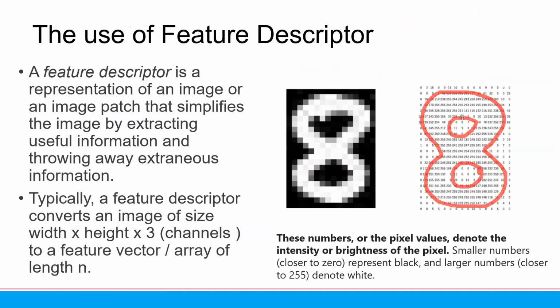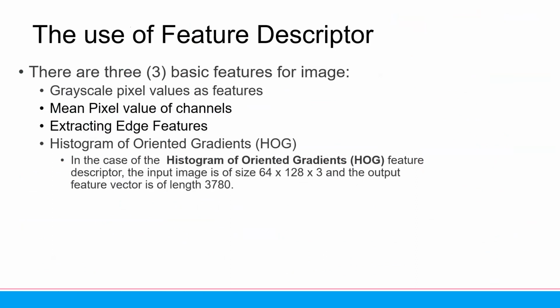So this area shows the color is more to white, and the other area is more to black. So how can we create this one? Basically, in the image, there are some feature descriptors. The one that we just saw before is the grayscale pixel values.